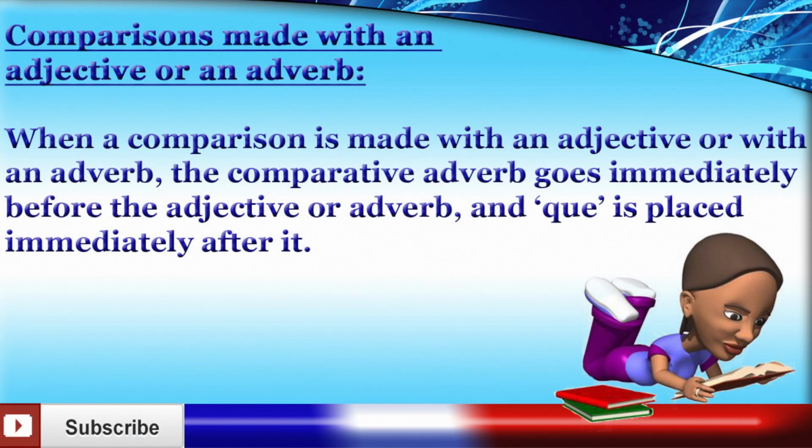When a comparison is made with an adjective or with an adverb, the comparative adverb goes immediately before the adjective or adverb, and que is placed immediately after the adjective or adverb. So basically you get the comparative adverb followed by either an adjective or adverb followed by que.